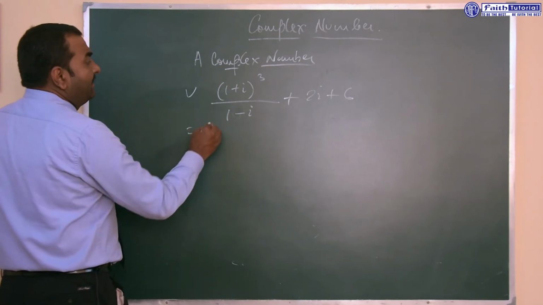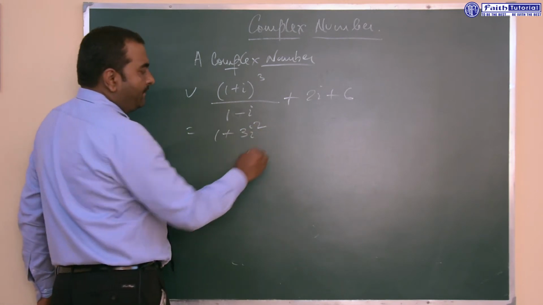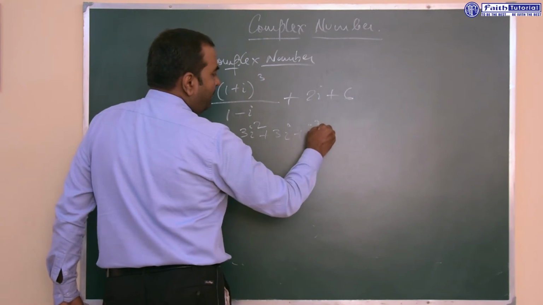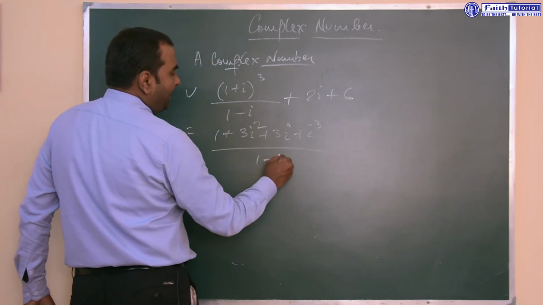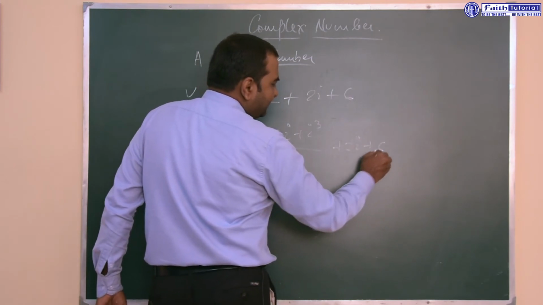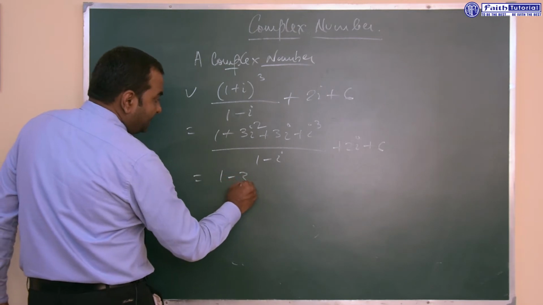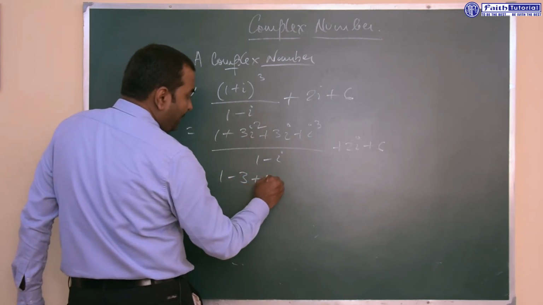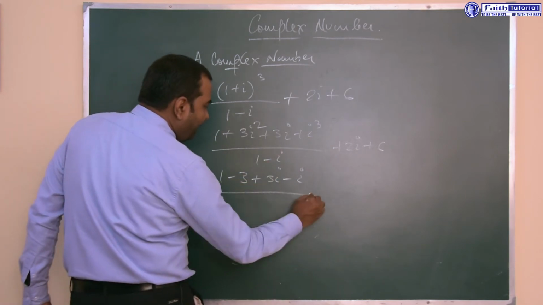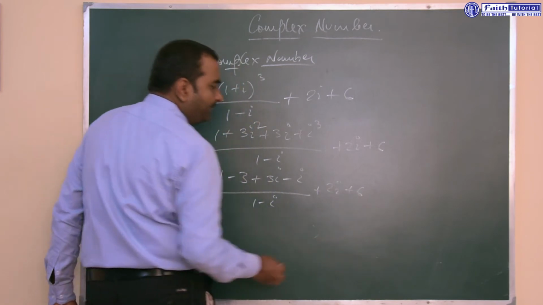As we have been seeing, first expanding it: 1 plus 3i square plus 3i plus i cube divided by 1 minus i plus 2i plus 6. So that is 1 minus 3, i square is minus 1, plus 3i minus i cube is minus i, divided by 1 minus i plus 2i plus 6.